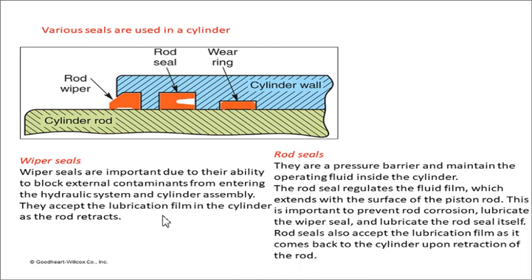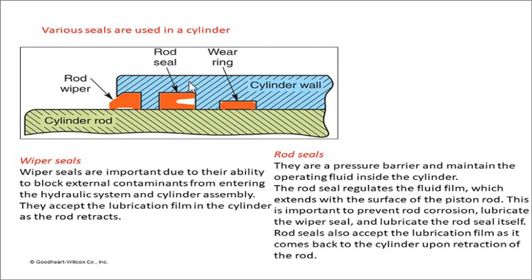This diagram shows the different types of seals used in the hydraulic cylinder. The outermost seals are called rod or wiper seals, whose basic function is to keep contaminants from going inside the cylinder body.